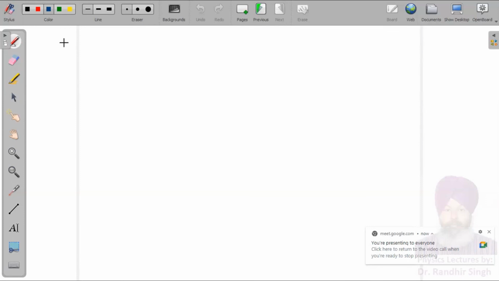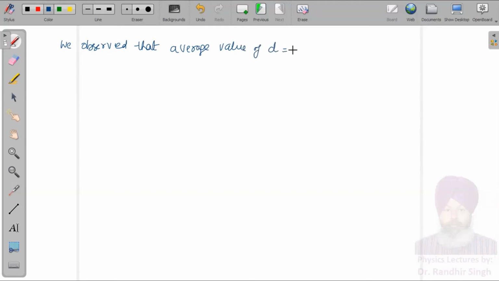We observed that the average value of D found by us was 0.38 mm. So it will become 0.38 into 10 raised to power minus 3 meter.